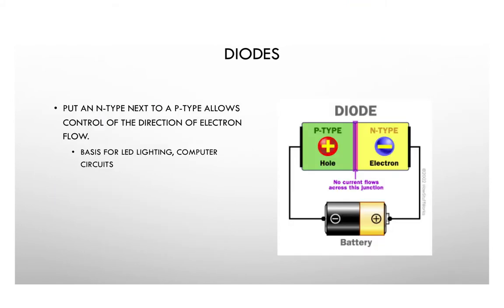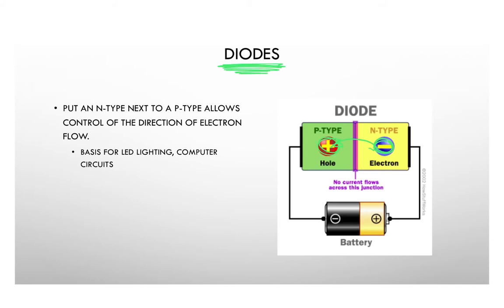One other thing that happens with semiconductors is what you can make, which is called a diode. Diodes are very important in computing, and basically what it does is it allows you to control the flow of electrons in one direction. If you put an N-type next to a P-type, it allows you to take the extra electron in the N-type and make it jump to the P-type hole.